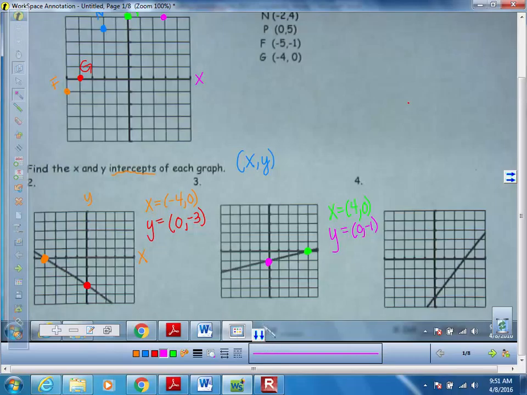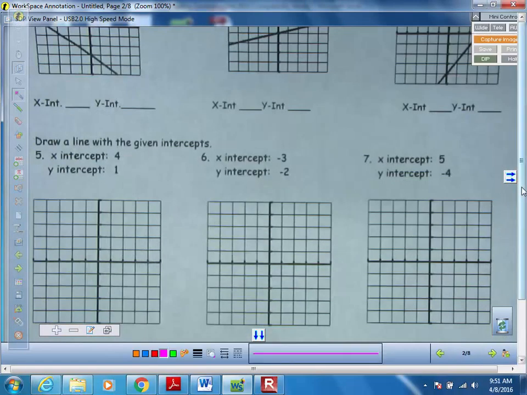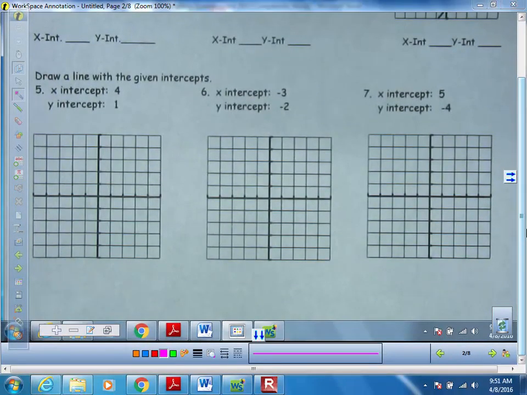Okay. Now, I want to practice actually drawing our x and y intercepts. So let's look at number 5. If I wanted to draw my x-intercept here, since it's 4, I would go to 4 on the x-axis. So I'm going to go to the right, 1, 2, 3, 4, and put a dot.